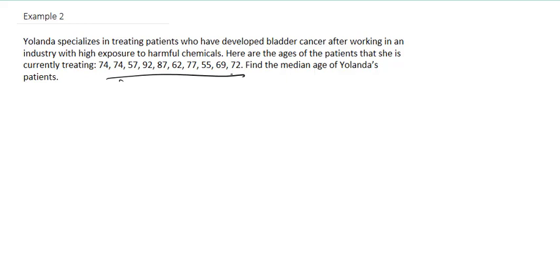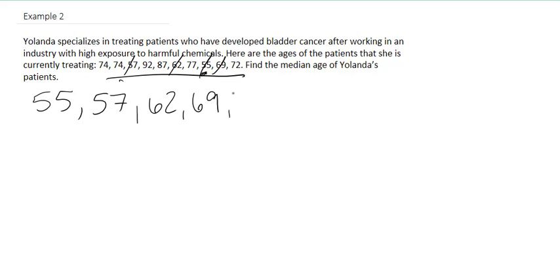So let's do that. Our lowest number here is 55. So we would write 55. Then 57. Then 62. And if you want, you can just cross these out once you've dealt with them. 62. Then we have 69.